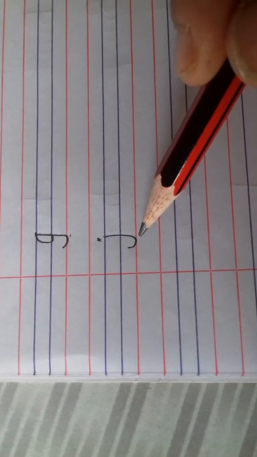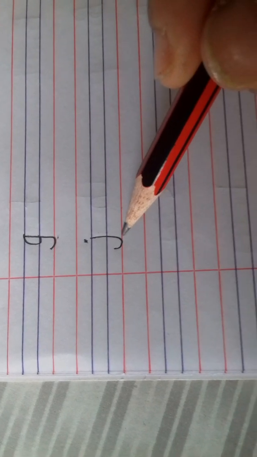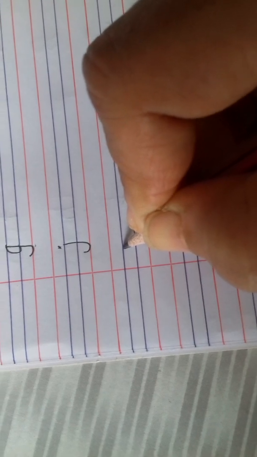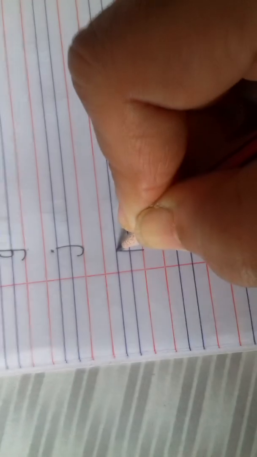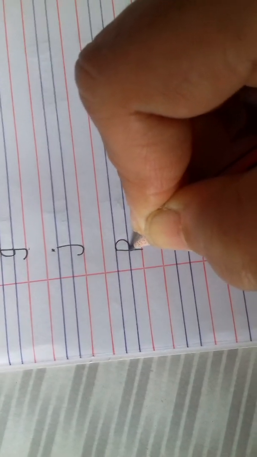That's why it is called lowercase. Next is small p. P also goes down. Small p goes down. It touches the fourth line. It is called lowercase. See, small p.